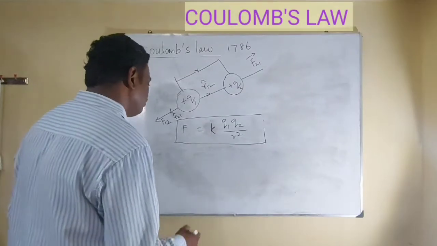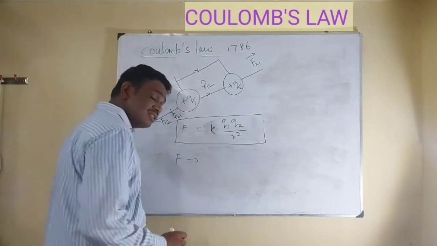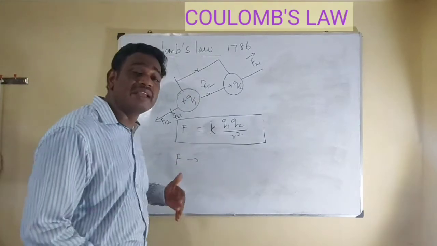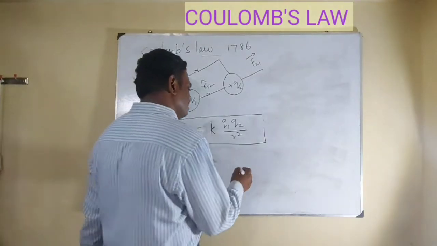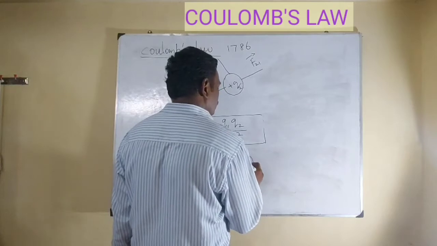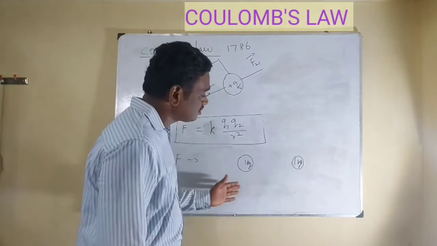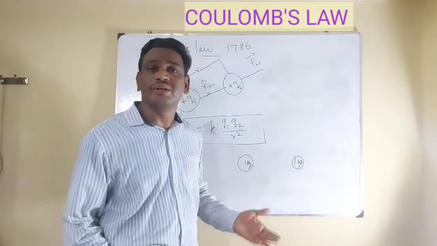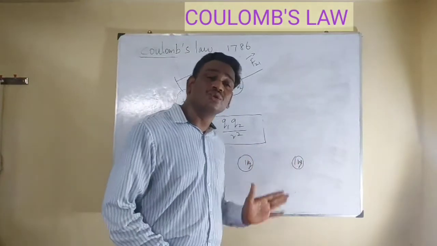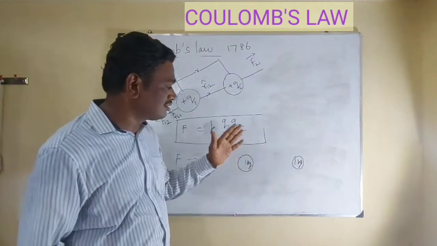And then the gravitational force is independent of medium. Let us consider two masses, 1 kg and 1 kg. When you place these two masses in air medium, or when you place these two masses in liquid medium, the gravitational force that exists between these two masses is the same.